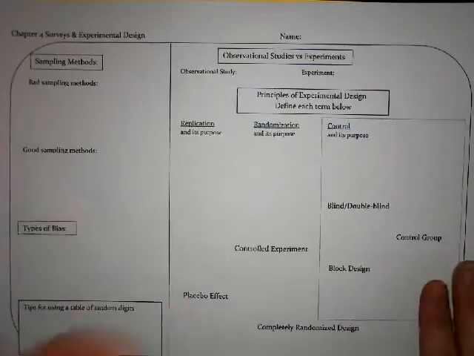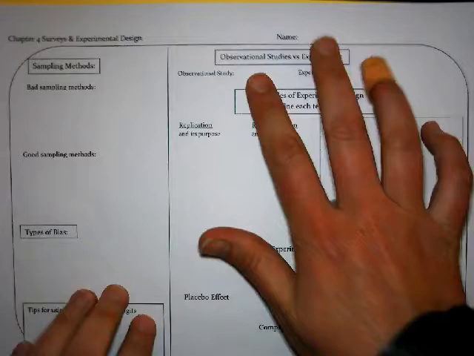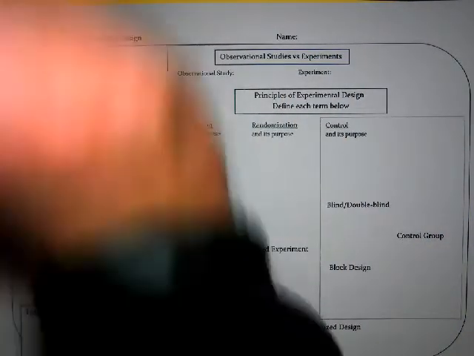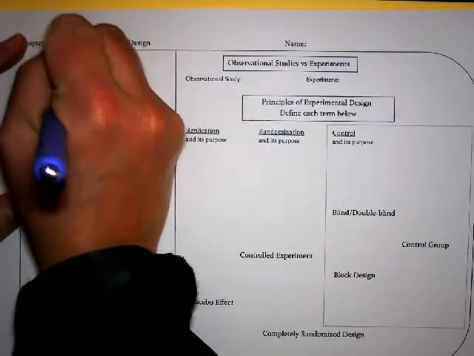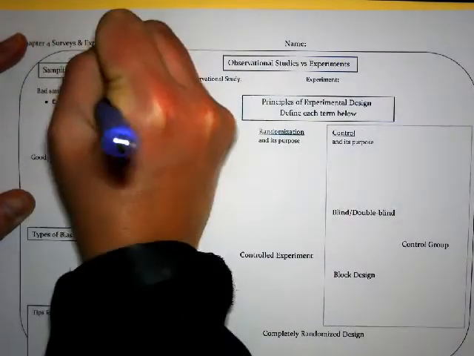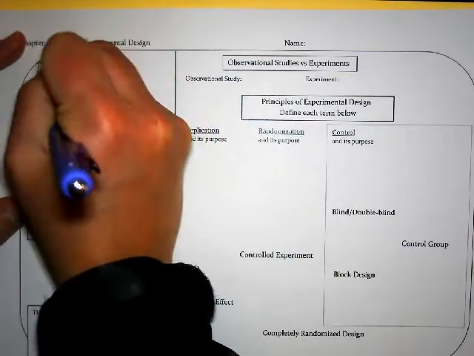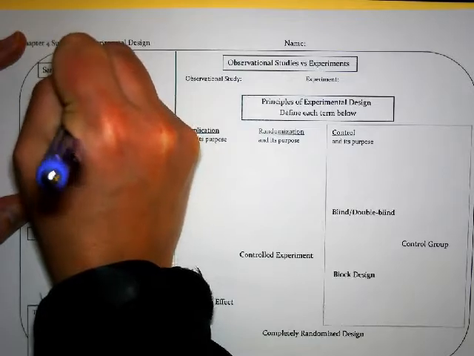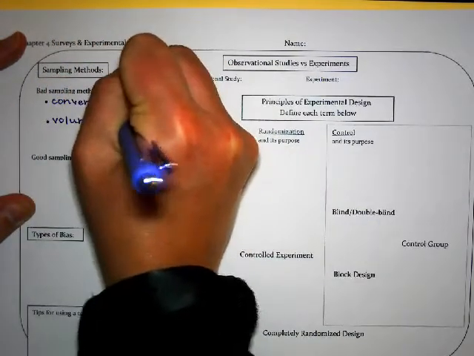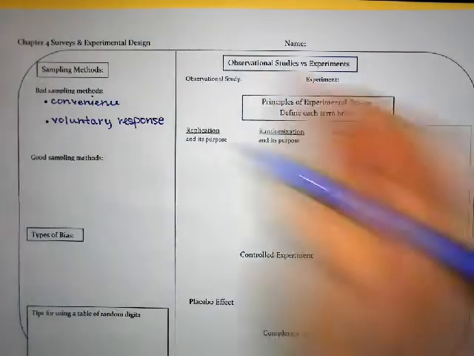So I'm going to start with sampling methods, and then we'll go into the observational studies and experiments. So two very common bad sampling methods. First one is convenience sampling. And then our second one is voluntary response. Good sampling methods.